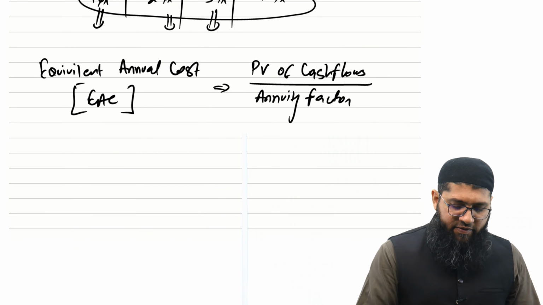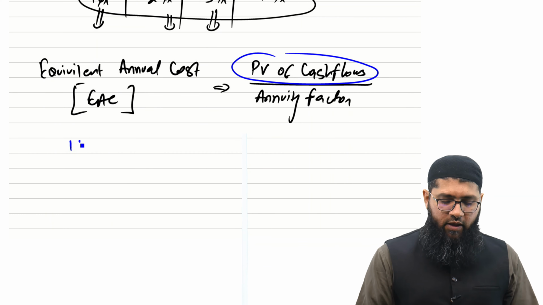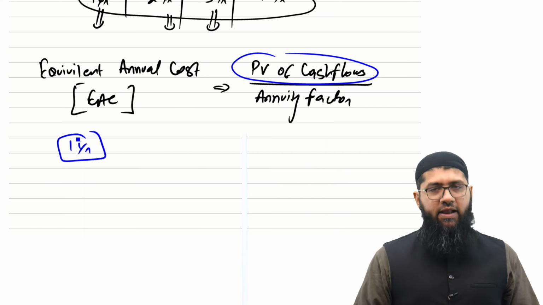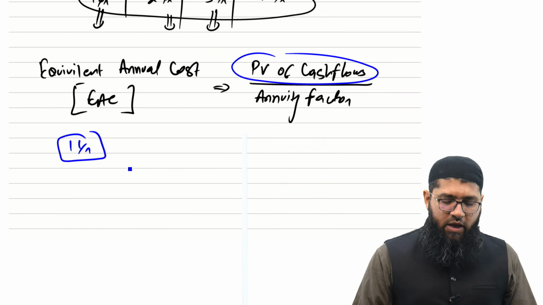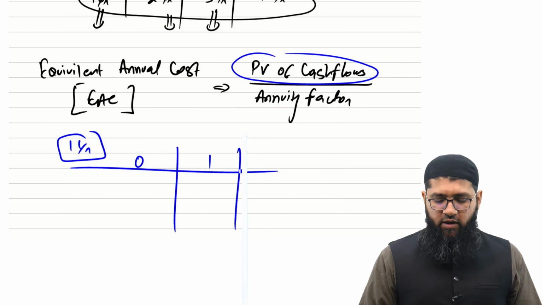Now, what is the present value of the cash flows that we would have to use? Generally speaking, you would create a 1 year replacement cycle, and the cash flows are going to be at time period 0, time period 1. That's how the cash flow cycles are going to be.